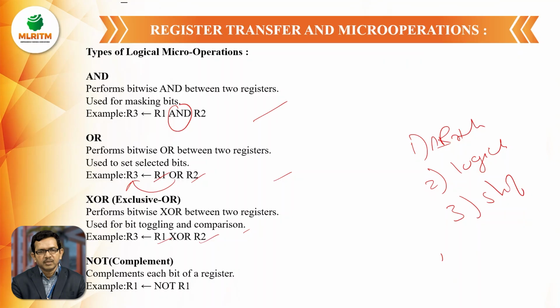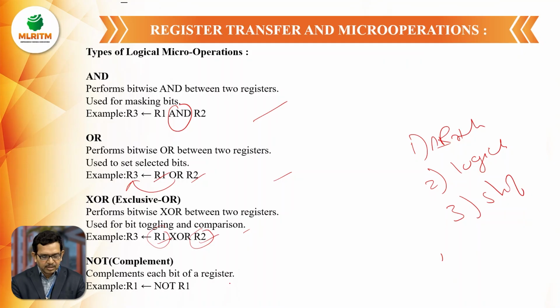If we see the previous operations AND and OR, there we are trying to combine the common bits present in the registers. But coming to the XOR operation, it is toggling. The data of R1 will be transferred to R3, or the data of R2 will be transferred to R3, but not both, that is, not the common bits of the registers.